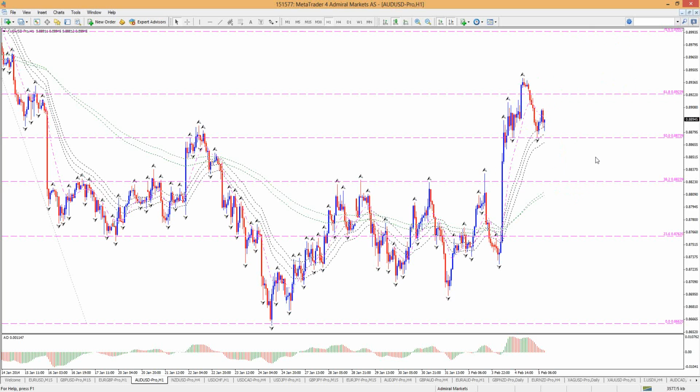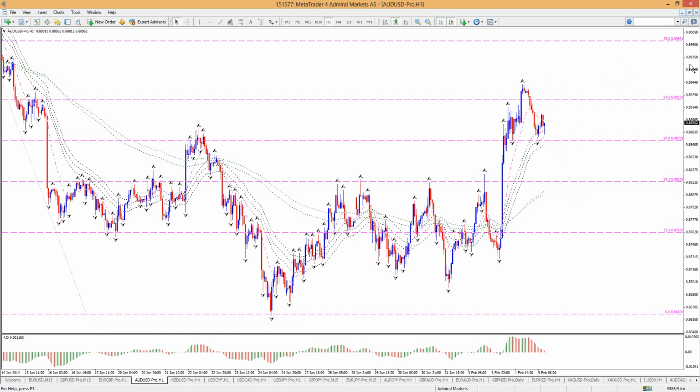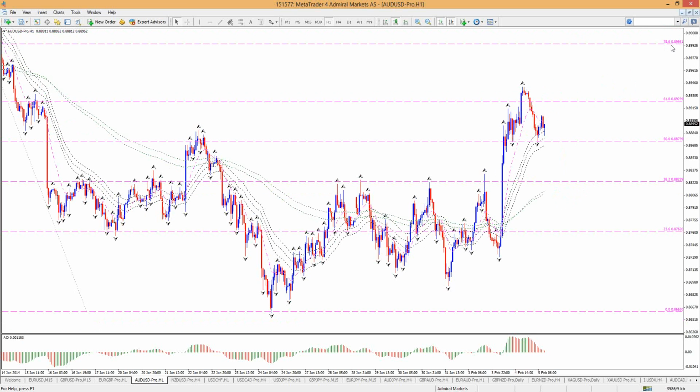But on the lower time frames, something else is going on, and there's a pretty good reason why this hourly could still make one more move up to a higher fib, which is the 78.6 at the 90. And the 90, of course, is also a big psychological round number as well.